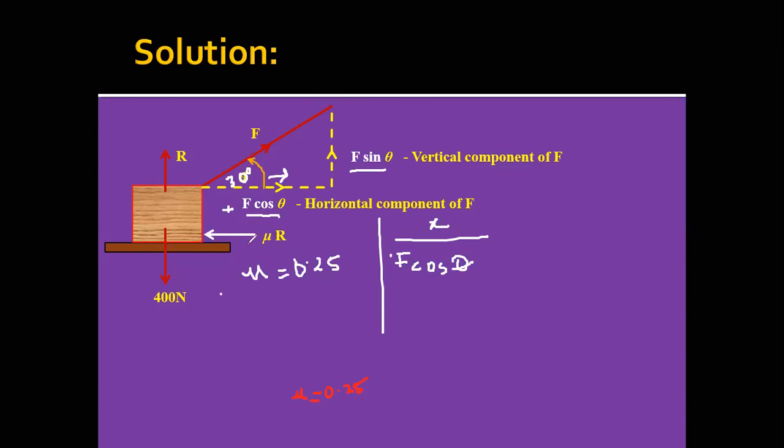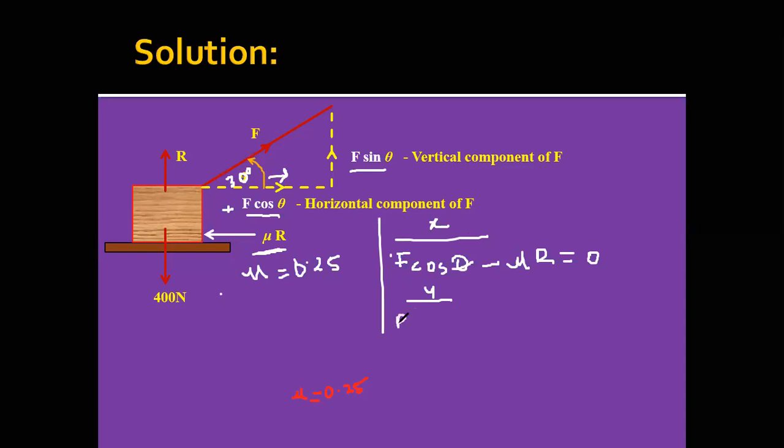Then the next horizontal force is your frictional force, which is negative mu R, negative because it's moving to the left. Like we said, the body has not moved yet. It is just about to slide. So acceleration is 0, which means your ma on the system will be equal to 0. Then in the Y, we have these vectors.